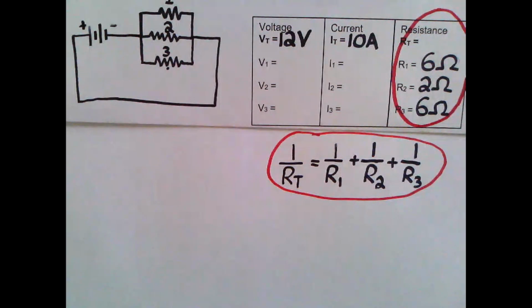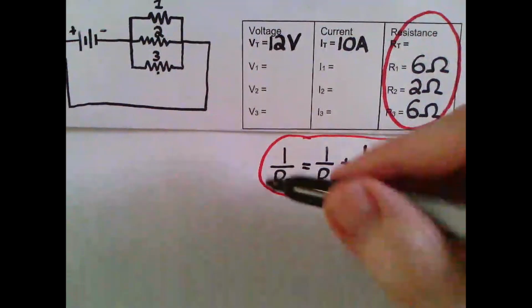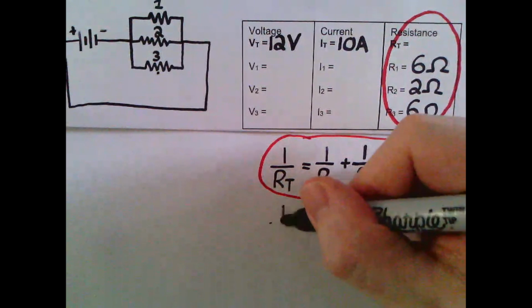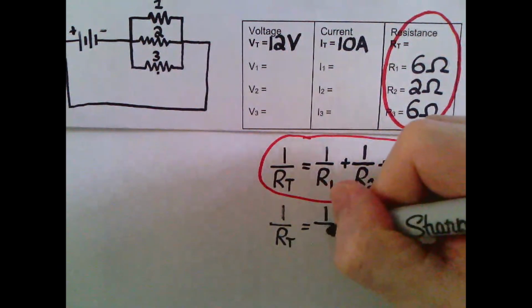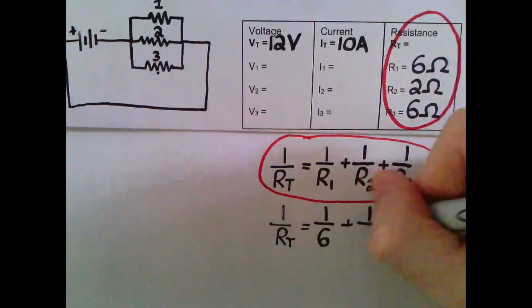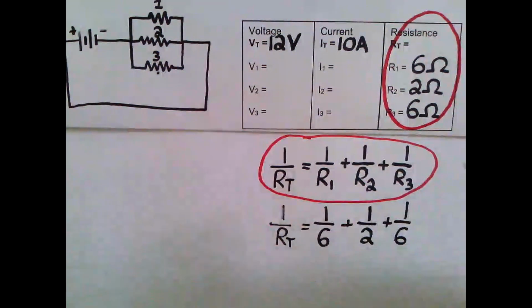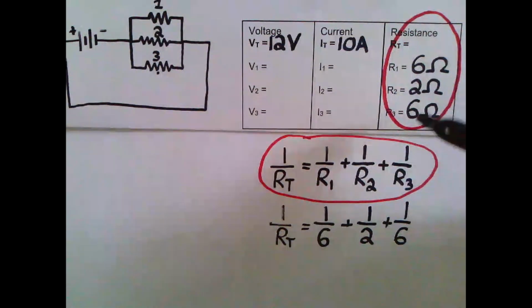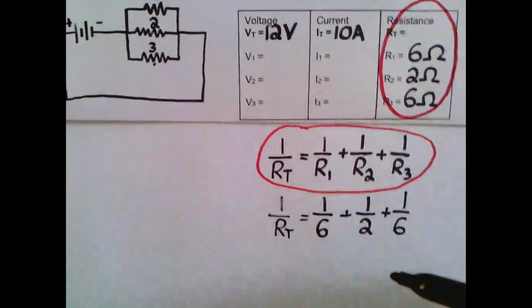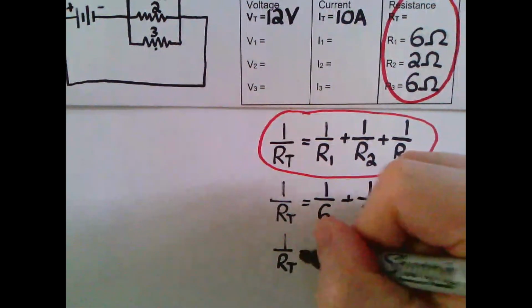So if you were curious how you would use this formula, you would say 1 over RT equals 1 over 6 plus 1 over 2 plus 1 over 6, because 6 goes here, 2 goes here, 6 goes here.